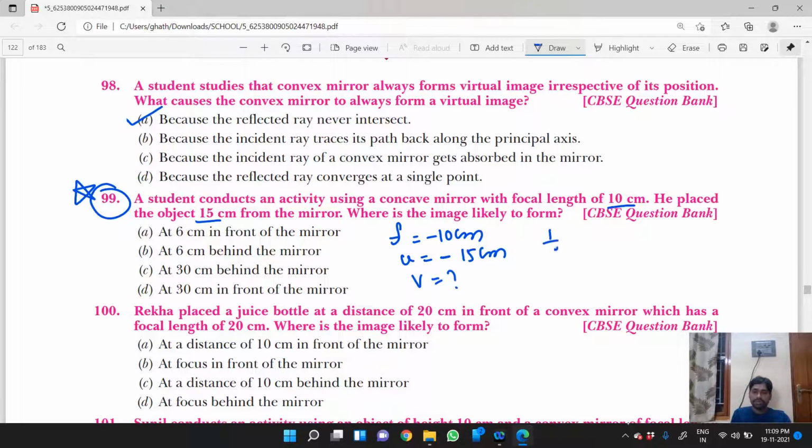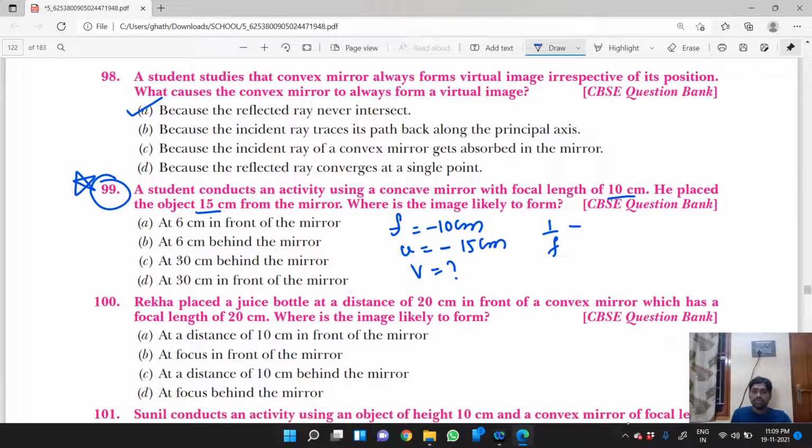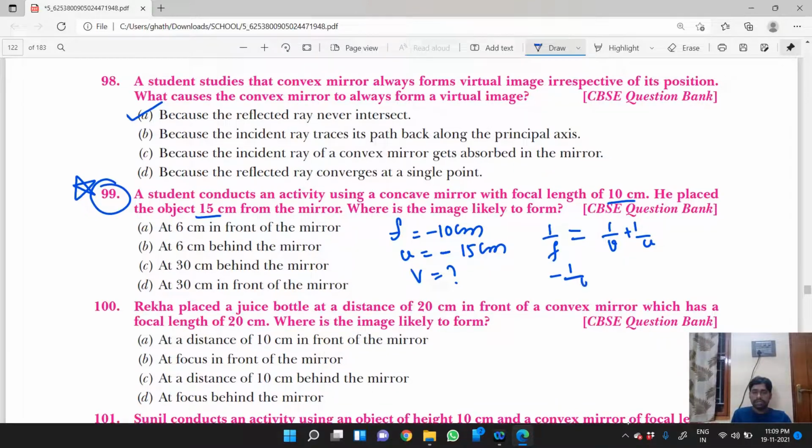So 1 by f is equal to 1 by v plus 1 by u. 1 by 10 is equal to 1 by v minus 1 by 15. This 1 by 15 will go to that side and become positive. So 1 by v is equal to 1 by 15 minus 1 by 10.